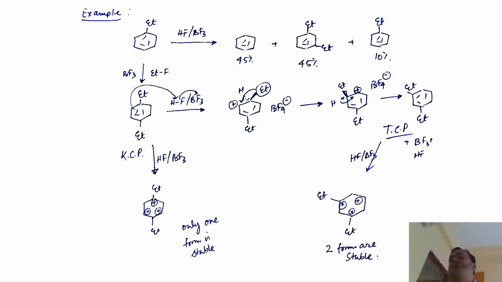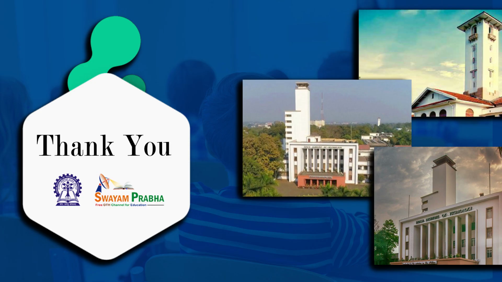I will also give many other examples in the aliphatic system later, when electrophilic and nucleophilic addition to C double bond C will be taught. At that time again I will come back to these thermodynamic and kinetic factors. So for today we'll stop here. I hope you understood most of the things.